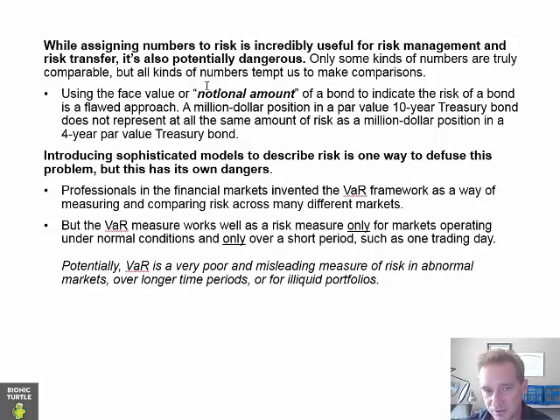And their example here is the classic example of a notional amount of a bond. So we can have a $1 million position in a par value 10-year Treasury bond.